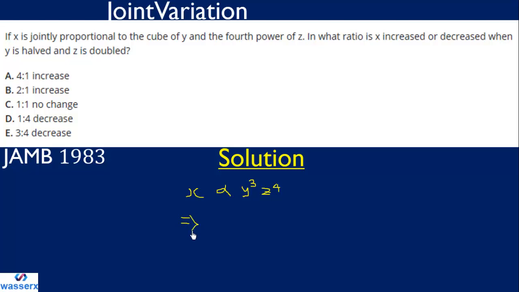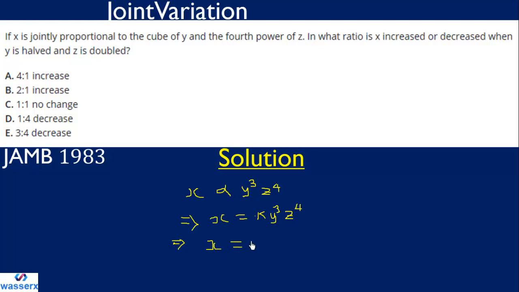So let's introduce a constant. So we get x equal a constant k times y cubed, then times z to the exponent of 4. So now we're told that y is halved and z is doubled.